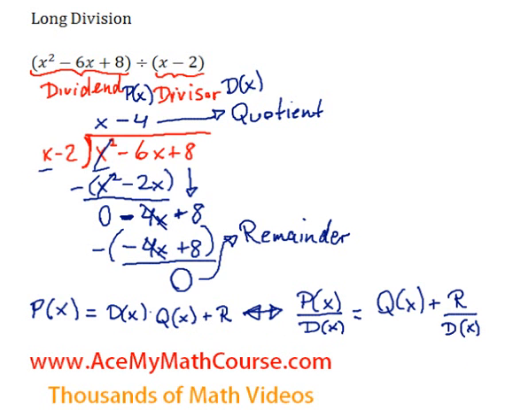And I'm just going to write the division statement for this particular case just up top here. So we have the dividend x squared minus 6x plus 8, and that's equal to the divisor of x minus 2 multiplied by the quotient x minus 4 plus the remainder, in this case just 0. So I guess we didn't even really need to write that.